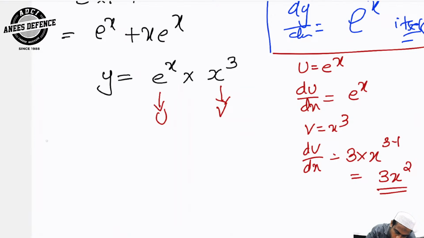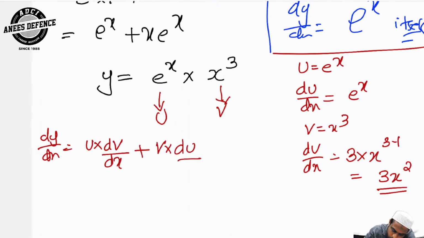Understood? So what is the formula of dy by dx? u into dv by dx plus v into du by dx. What is u? e raised to x.